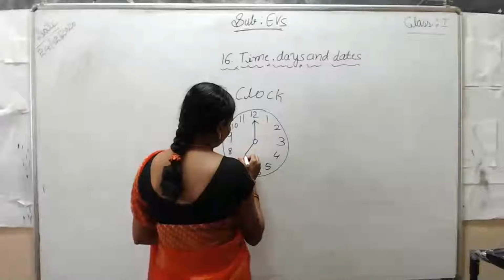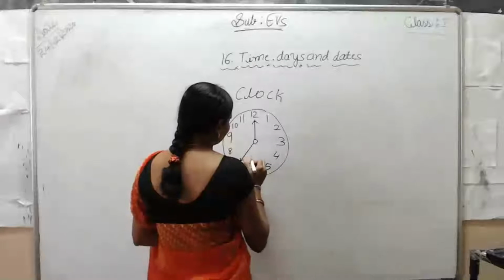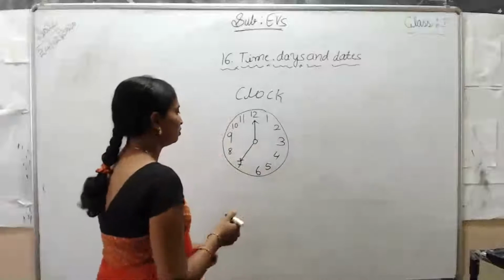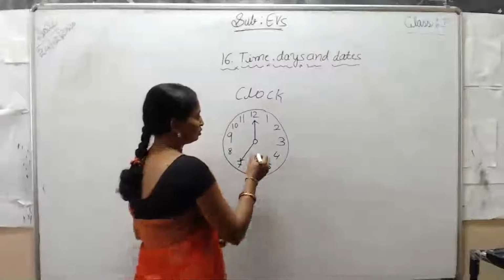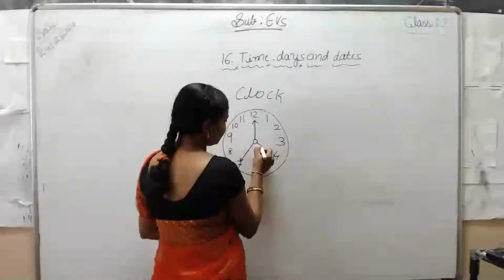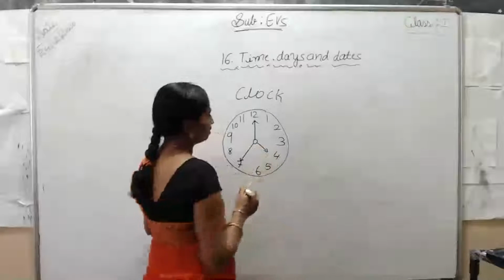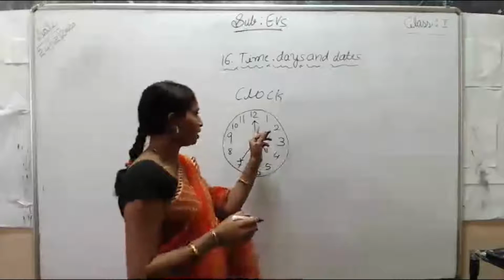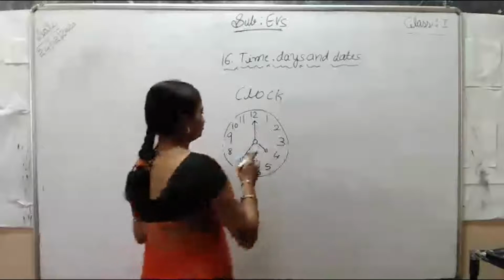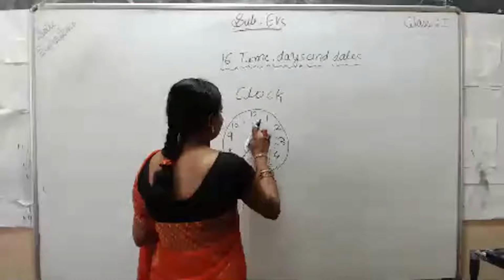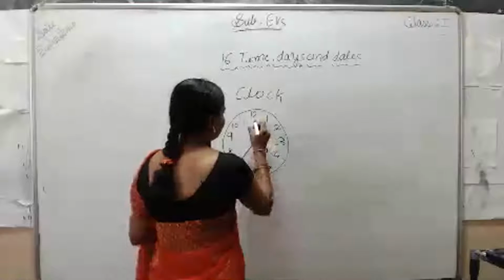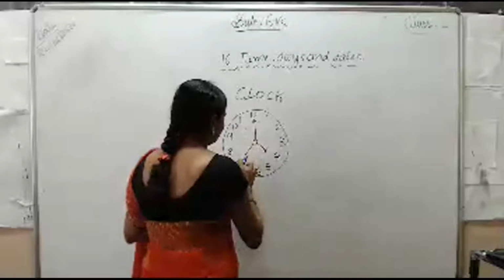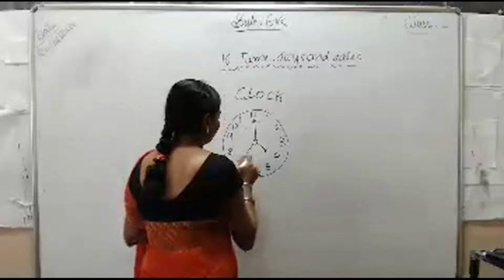Next, the bigger hand will be minutes. This is the time. What time does it show? There is also the seconds hand. The small hand is the hours hand. Here, this is the hour hand.